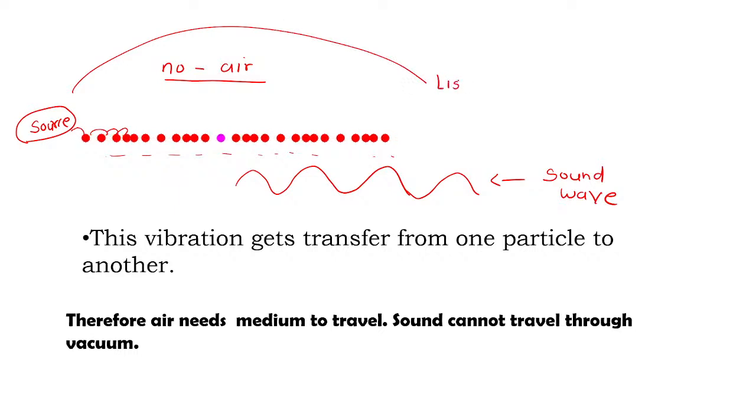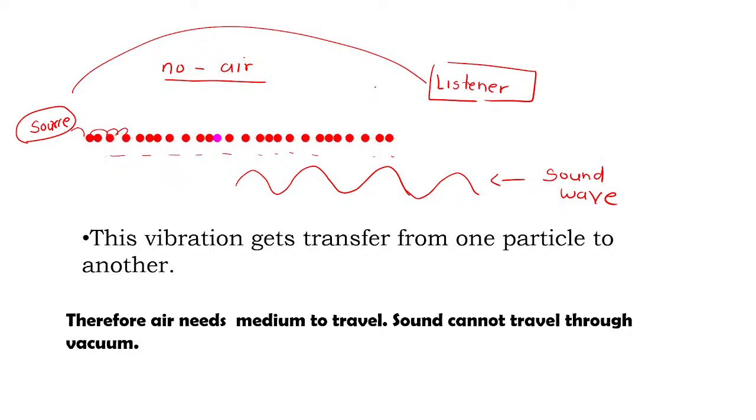Suppose there is a listener over here. If there were no air molecule, will sound be able to travel from that source to the listener? Definitely no, right? So air molecules play a very important role in propagation, in transfer of this sound wave to the listener.